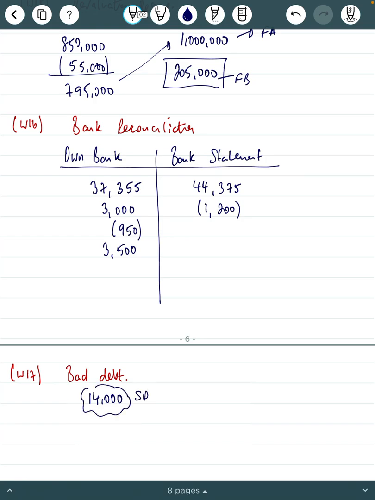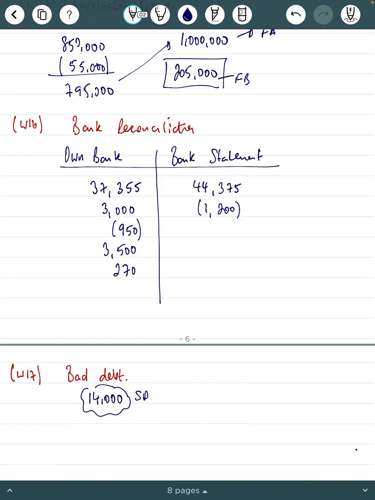Okay, and then finally, a check for 360 paid to a supplier had been entered in the books as 630. So we told our bank account that we paid more than we actually did. So 630 minus 360 will give us a difference of 270. So what I'll do is I'll add that 270 back into my bank account, okay?